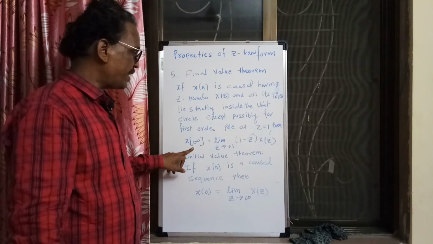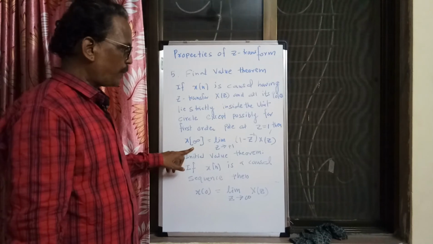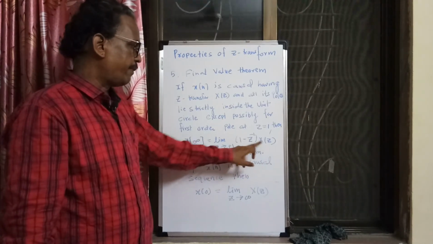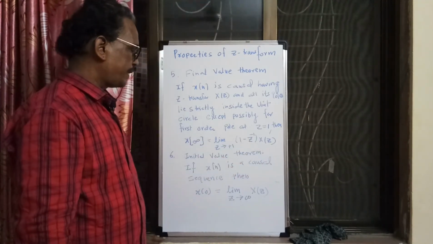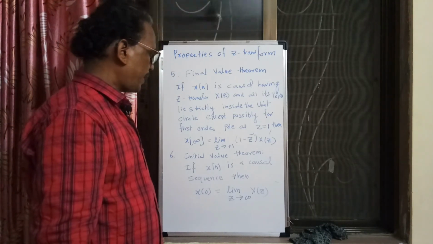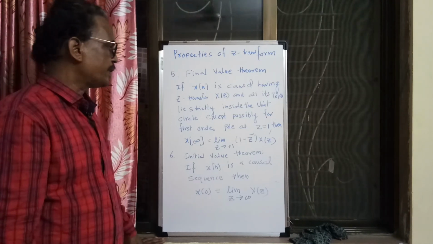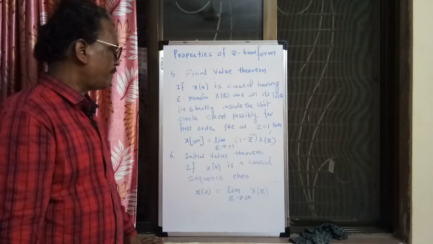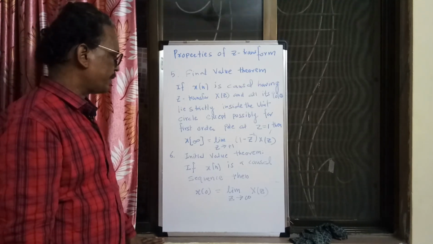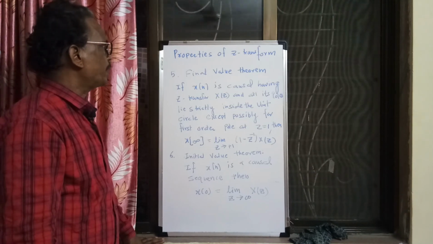So the final value of x of n can be obtained by multiplying the earlier Z transform by 1 minus z inverse and taking the limit at z tending to 1. Whatever result we get is equal to the final value of x of n, that is x of n at n equal to infinity. So this is the final value theorem, which is one of the properties of the Z transform.